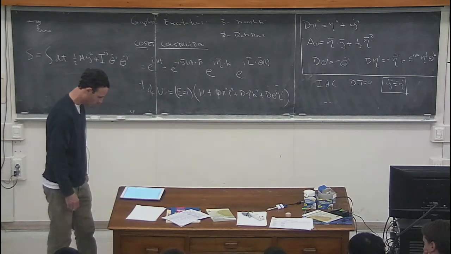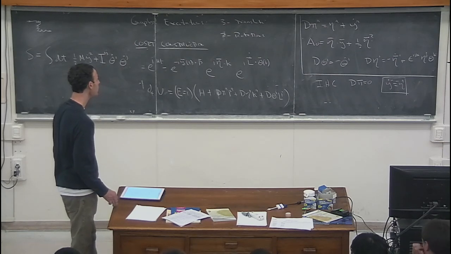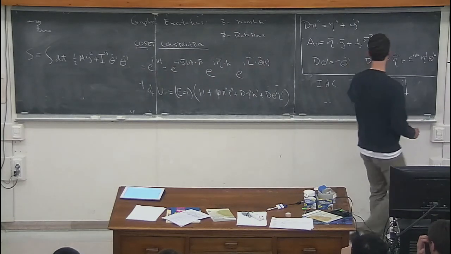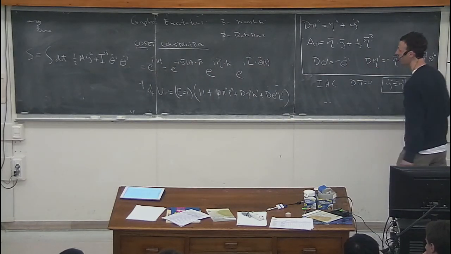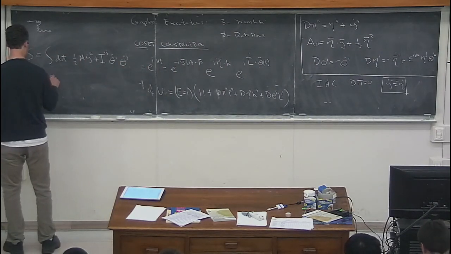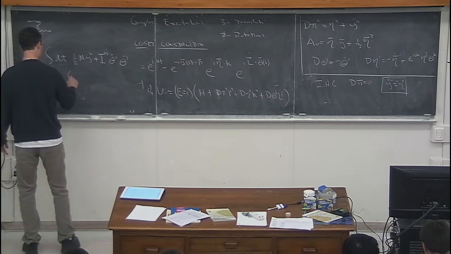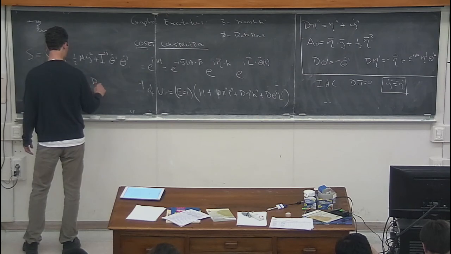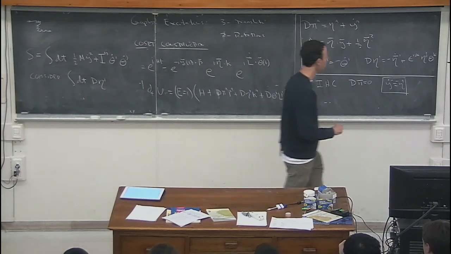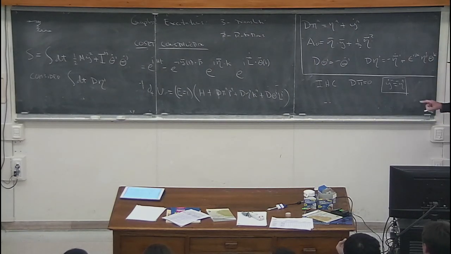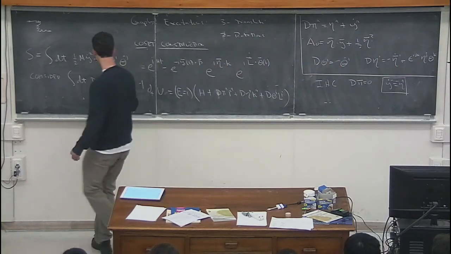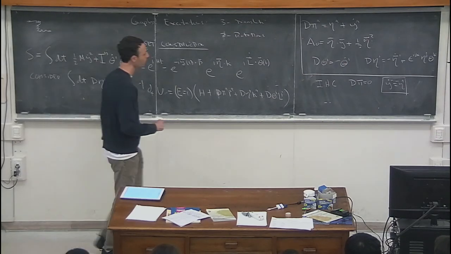So for instance, here's a nonlinear effect I can write down, d eta I squared. I could also write down d eta I, because remember, it doesn't have to be rotationally invariant, and I could just put a ci in front of it.